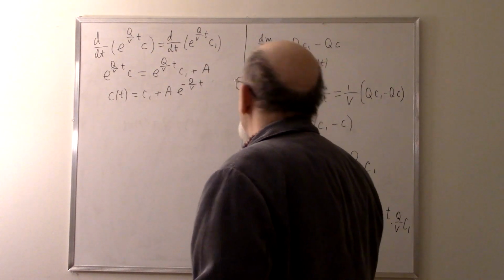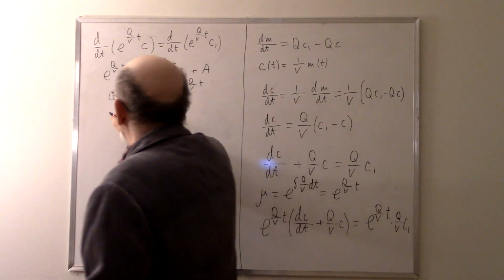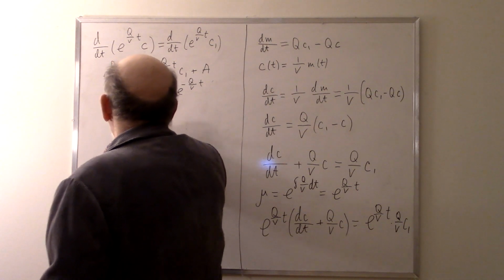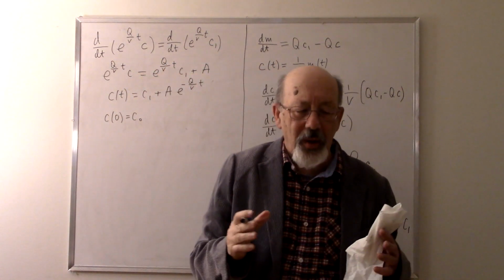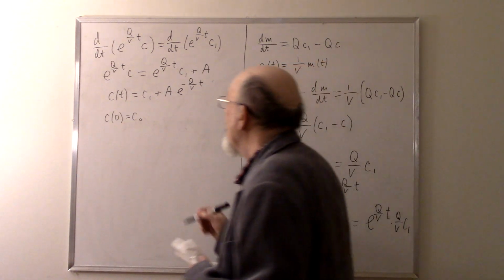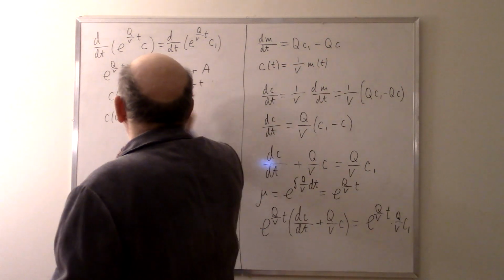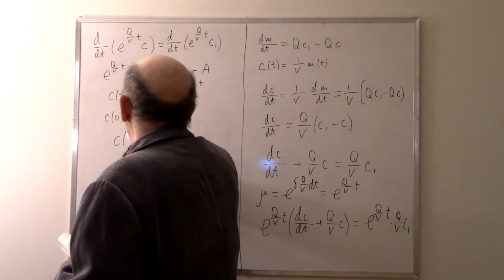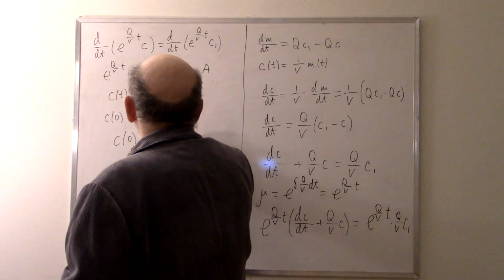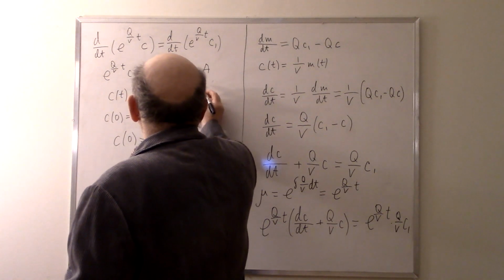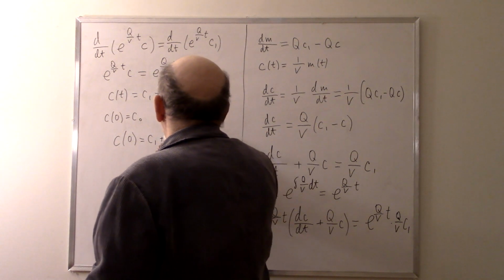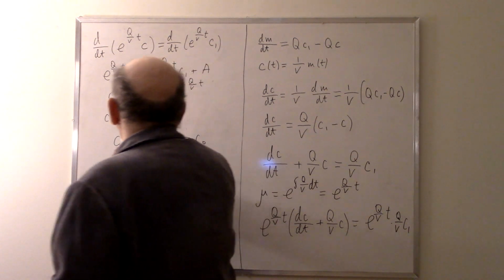What is A? We have the initial condition, C of 0 equals C0. It is the initial concentration in the tank. So substitute here: C of 0 equals C1 plus A, since t is 0 and this exponent is 1, equals C0.